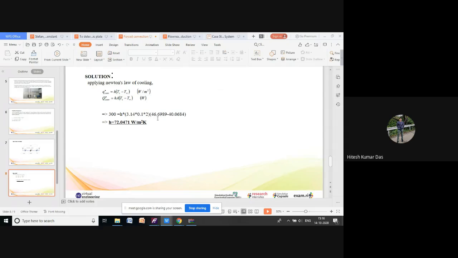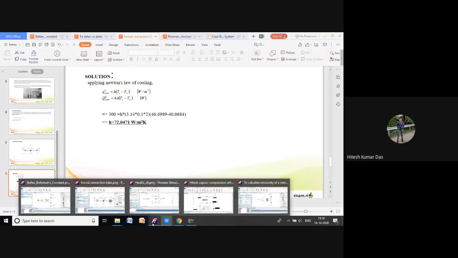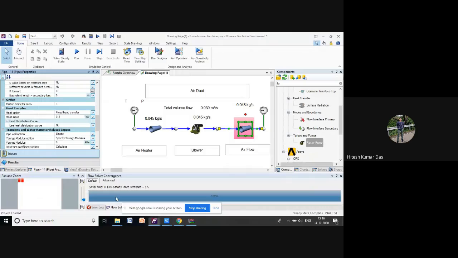And the temperature difference we have taken as 46.69 and 40. I will show you the place. After heat input is happening here, we need to calculate the difference between this outlet and this inlet, because after the blower, forced convection is happening and it is entering into this duct.